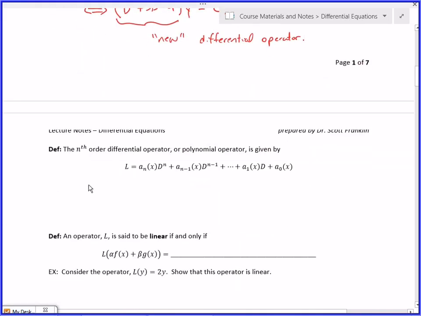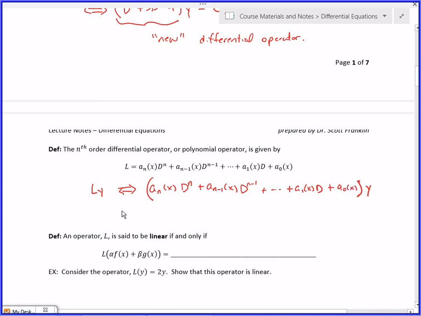And then this right here, this L applied to y, is exactly the same thing as a_n(x) D^n plus a_{n-1}(x) D^{n-1} plus dot dot dot plus a_1(x) D plus a_0(x). That's L applied to y.